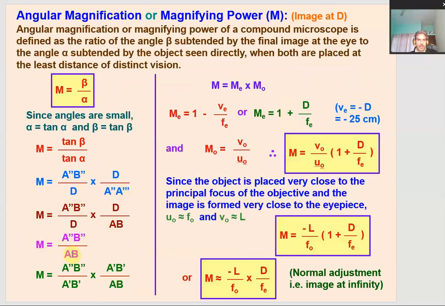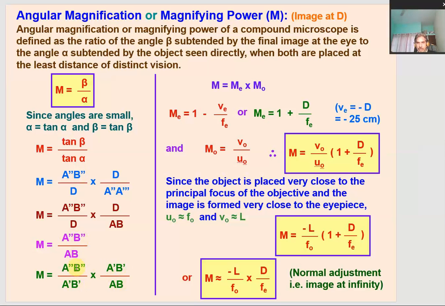In order to convert this formula into a more meaningful and comprehensible form, we multiply and divide by A dash B dash. When we multiply by A dash B dash, we keep it above AB, and on dividing, we keep it below A double dash B double dash.